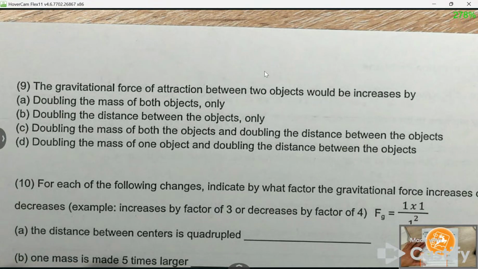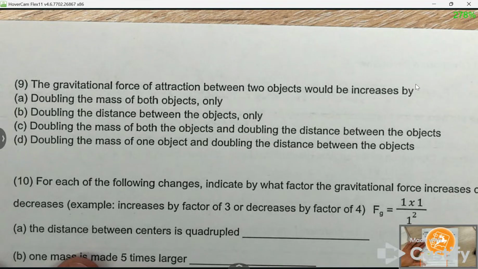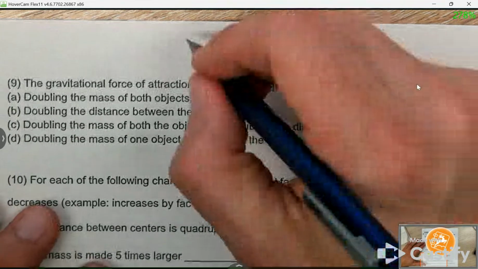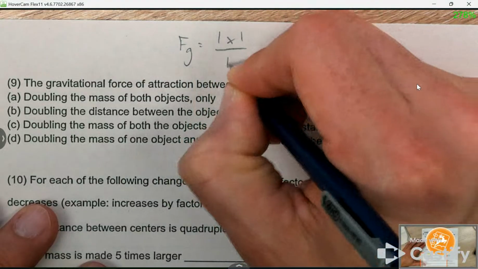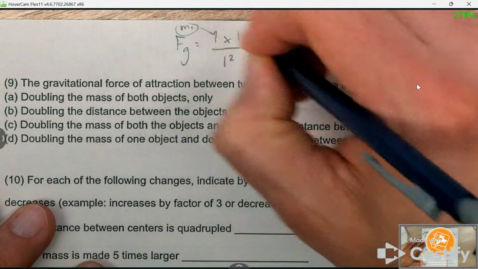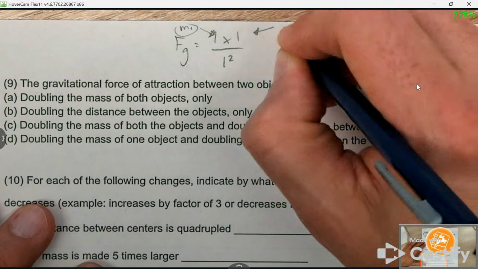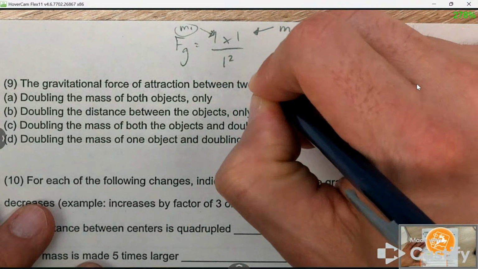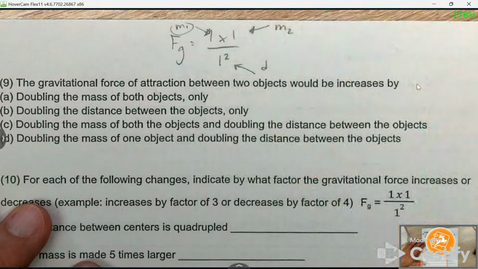The gravitational force of attraction between two objects would increase by what? So again, this is your M1, M2, and D, and you always have to square that.